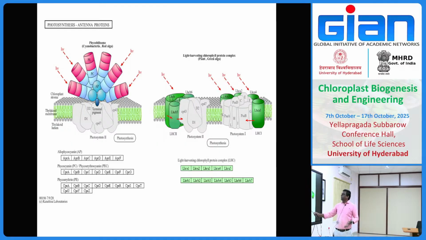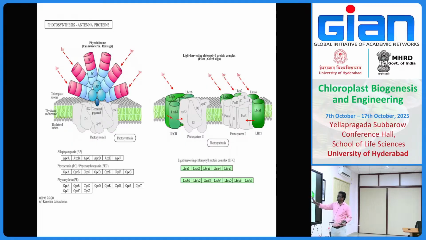Okay, so in higher plants or algae, this is the core, similar to this. This is the core reaction center, and you have light harvesting complexes surrounding the core.